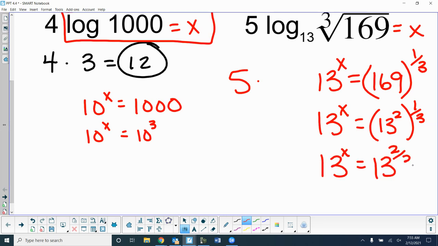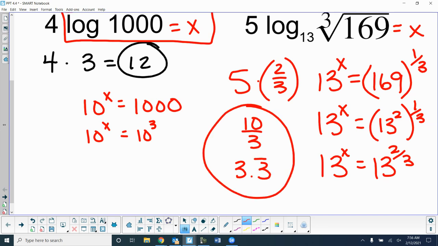So here's the problem. So what's x got to be for those two sides to be equal? 2/3. So remember, we have this 5 out front. So this is 5 times 2/3. So it'd be 10/3. Or I think that's 3.3 repeating as a decimal. Let's do it mentally.